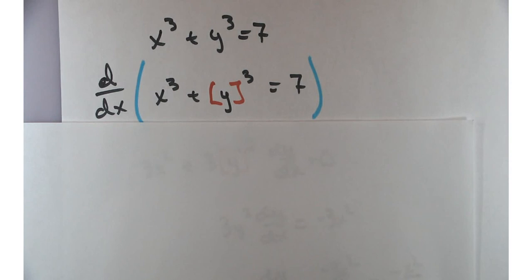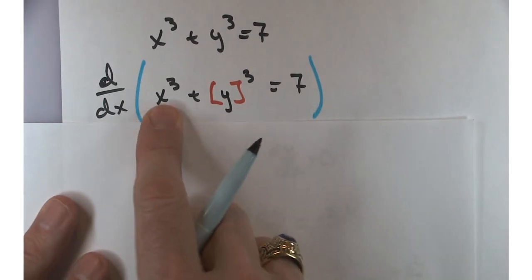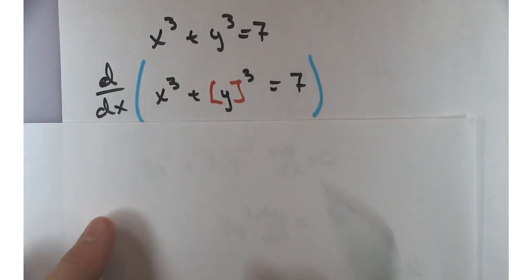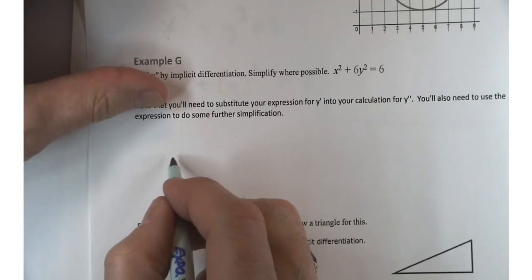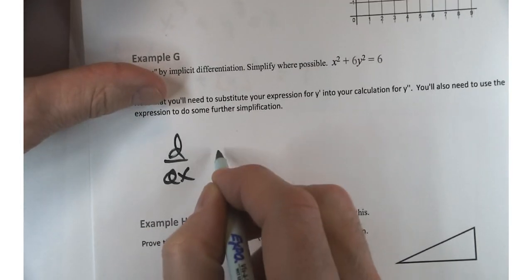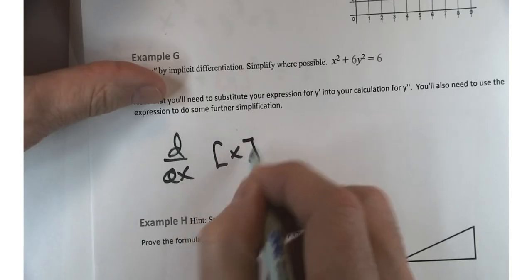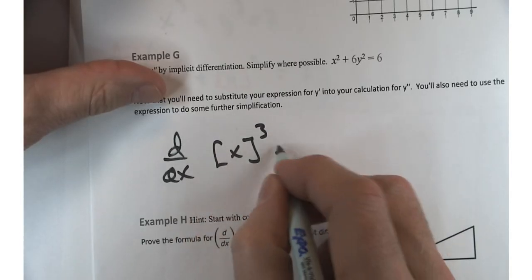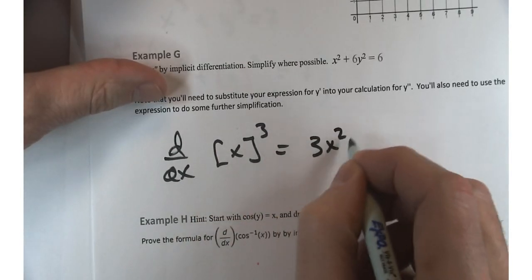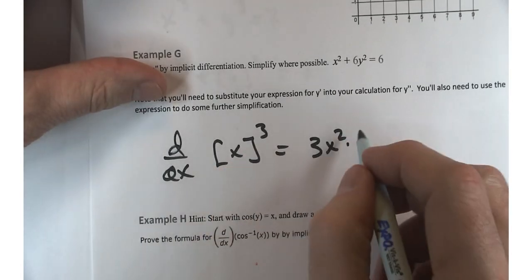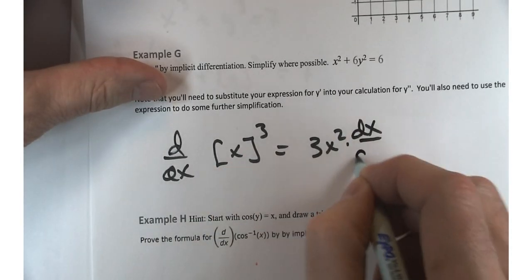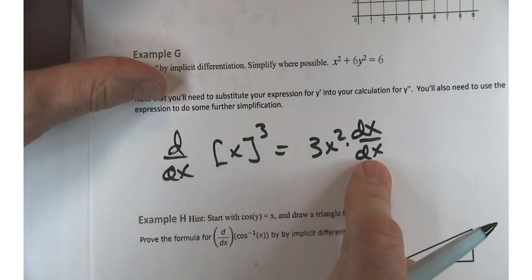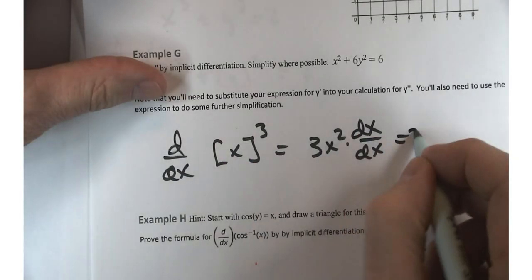Differentiate the outside times the derivative of the inside. Here we don't have that problem: d by dx of x cubed, the derivative of the outside is my 3x squared, and the derivative of the inside is dx by dx, which is just 1.